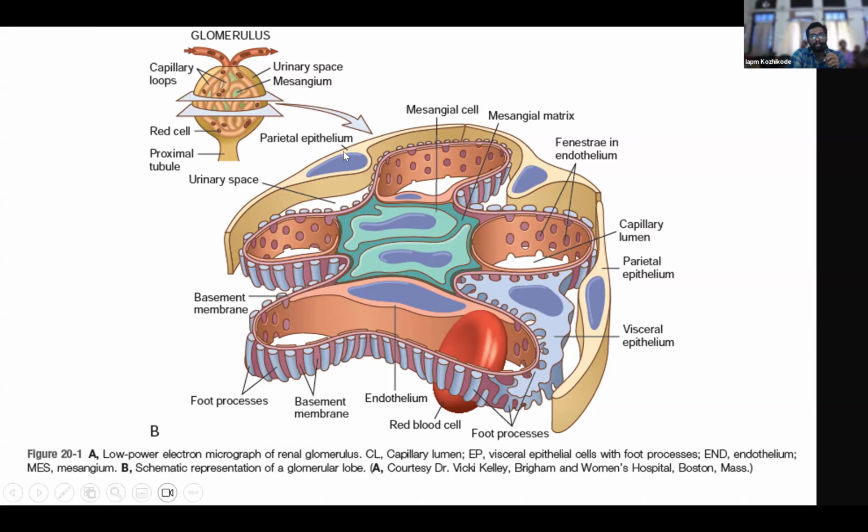And the things that are going to happen outside the basement membrane, that includes the subepithelial space and your foot processes, which are outside the basement membrane. So this is the same thing.